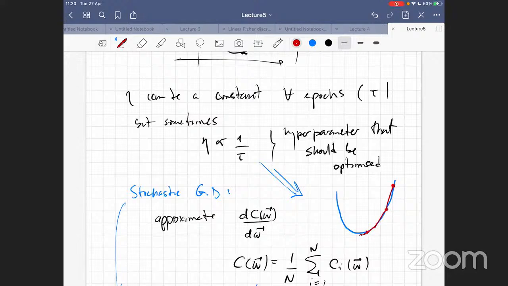It is doing big steps at the beginning, and then finding more or less the correct minimum, and then I don't want to miss it. I don't want to miss the minimum, so I go slower because I want to be more precise in my estimation.